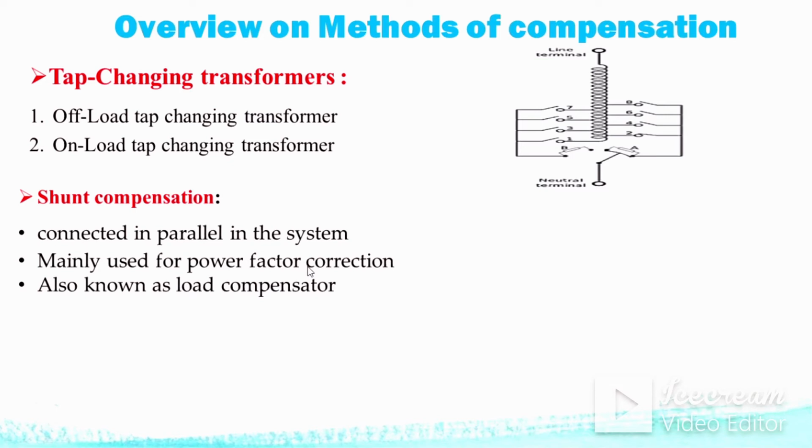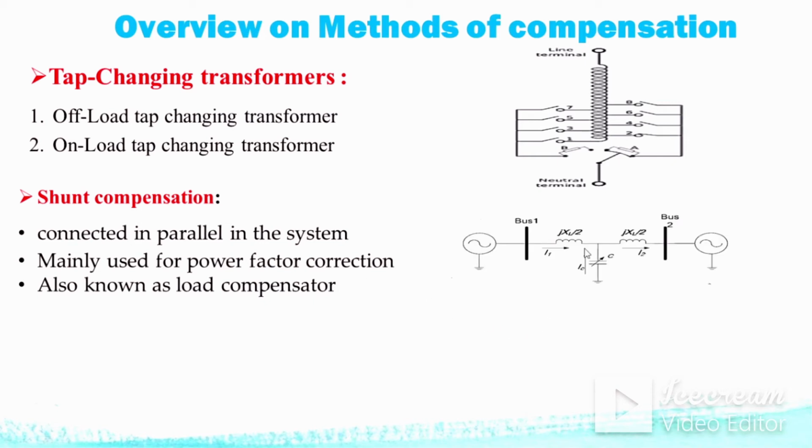How does it compensate? We have mentioned it in the previous slide. It is also known as a load compensator, since usually due to industries and other domestic needs, our load is a lagging type of load, and thus it makes the power factor of the network lagging. So in order to improve this power factor, we usually have the parallel type of compensation in the network, and so it is called a load compensator.